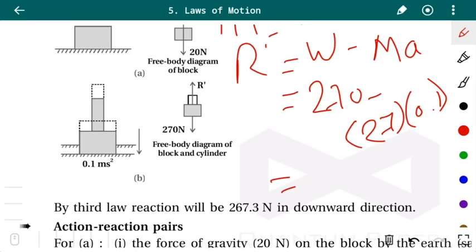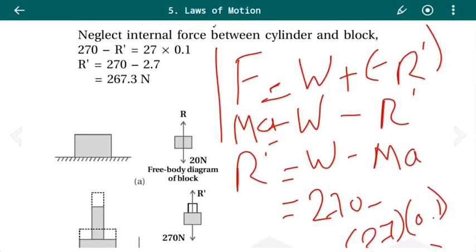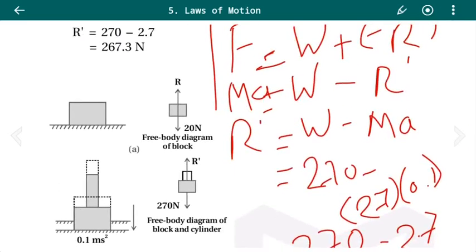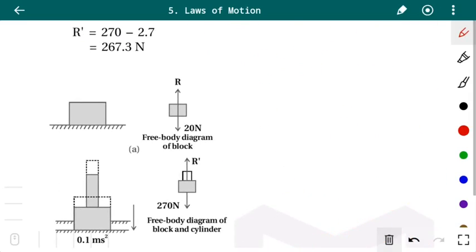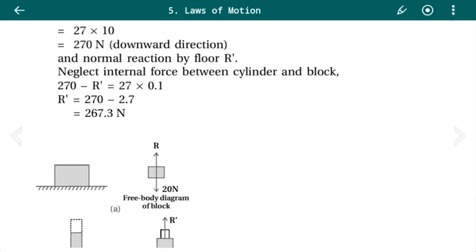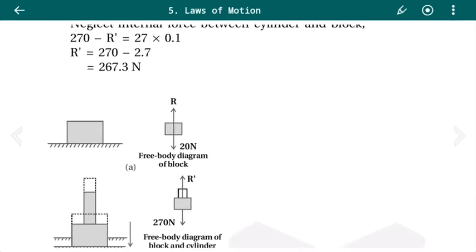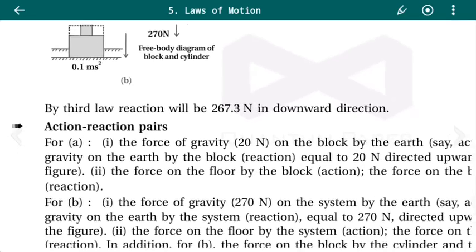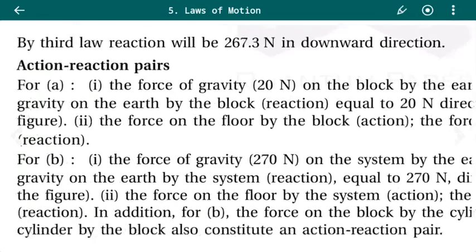So we get 270 minus 2.7, which gives 267.3 Newton. So R dash equals 267.3 Newton, which is in the downward direction.